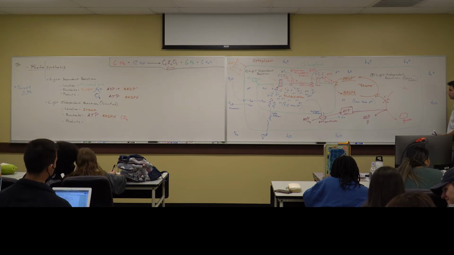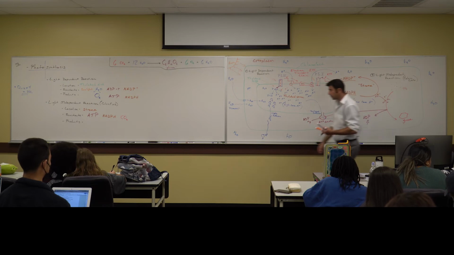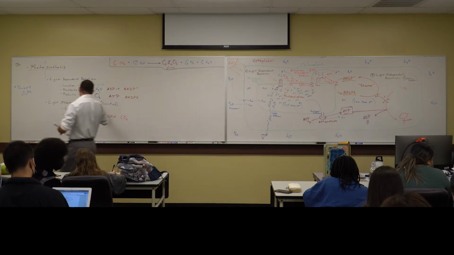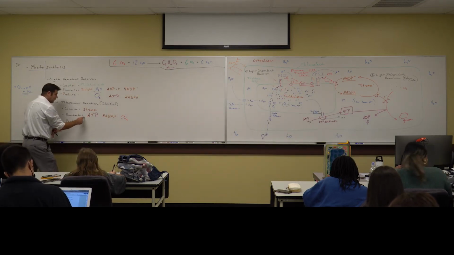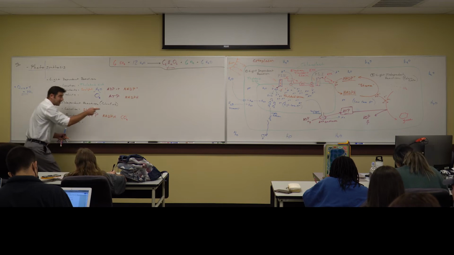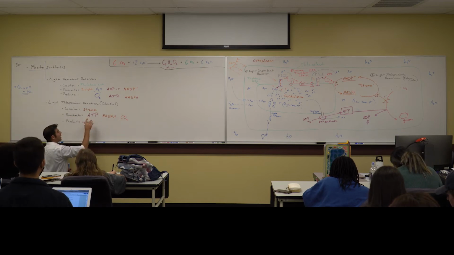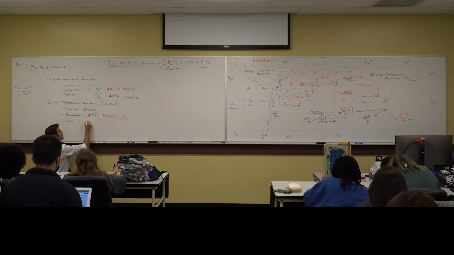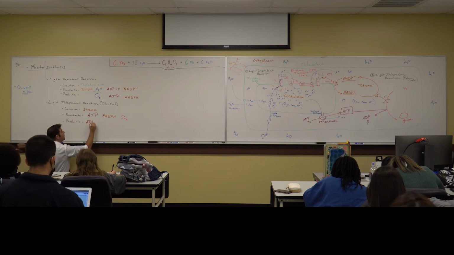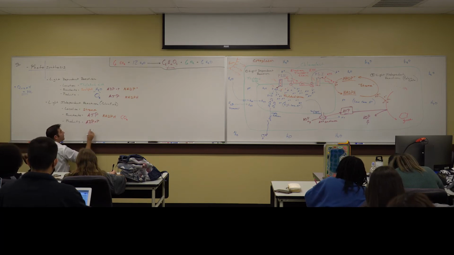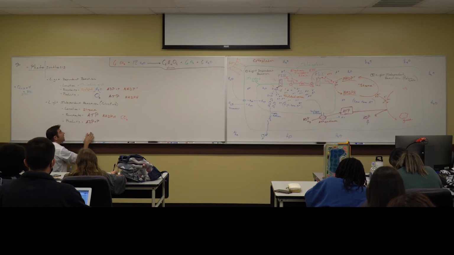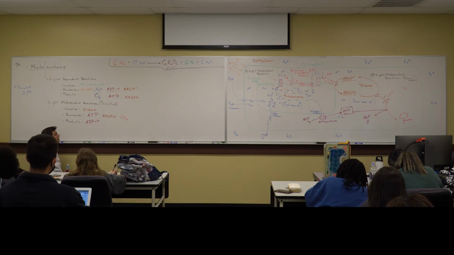What else? Let's go over here and see. We've got our location. We've got the reactants, the things that are going into this. So you can see by the time we're done with the light-independent reaction, this ATP molecule has been broken back down into the ADP and that phosphate. This comes out of the Calvin cycle, but it's the same thing that's about to be used up in the light-dependent reaction.